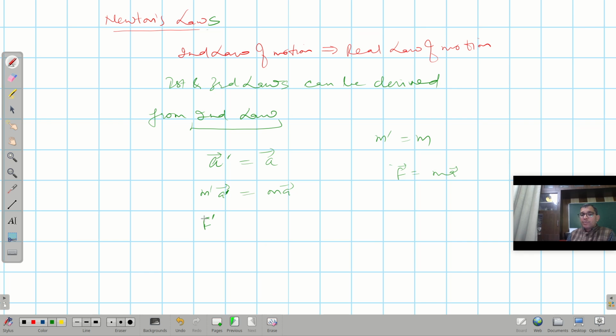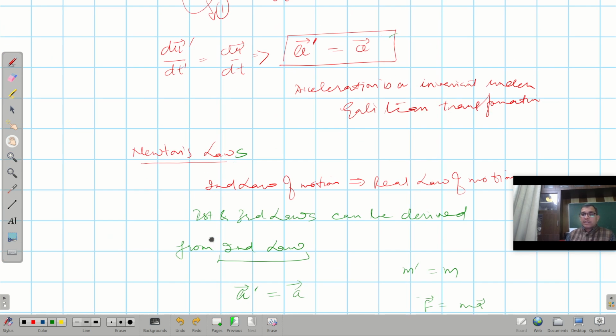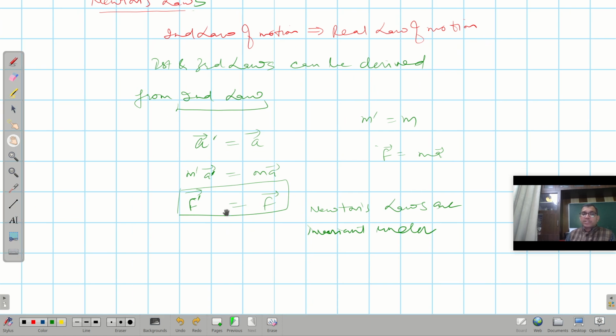It means that the force in the moving frame of reference is equal to the force applied on that body in the rest frame of reference, and both forces come out to be equal. So Newton's laws are invariant under Lorentz, not Lorentz, but Galilean transformations. Let me go back: under Galilean transformations.